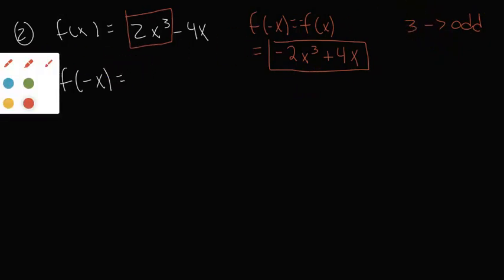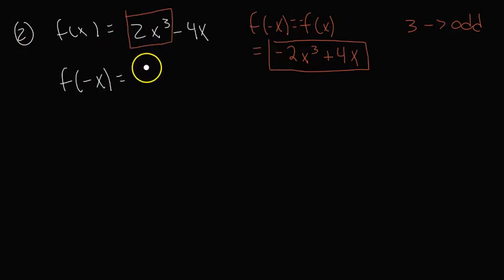If I plug in this negative x, I have 2 times negative x cubed minus 4 times negative x. Negative x cubed, so I'm going to have a negative x, and a negative x is going to give me a positive x squared, times one more negative x.